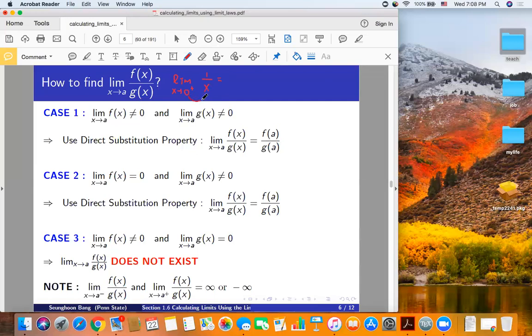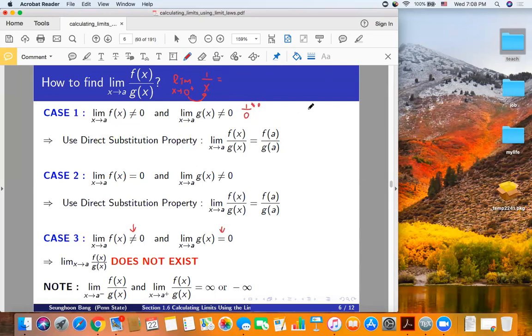You can plug 0 in here and we have a 1 over 0 form. The top is non-zero and the bottom is equal to 0. This is undefined.